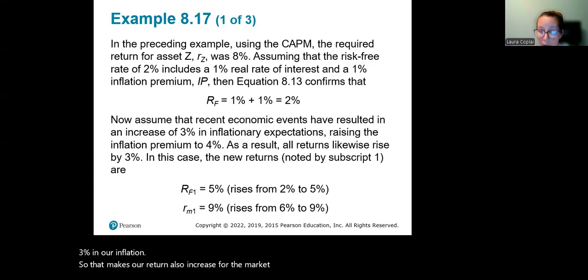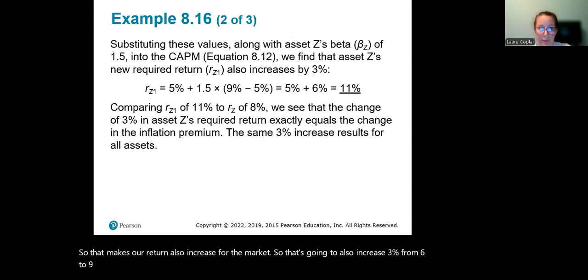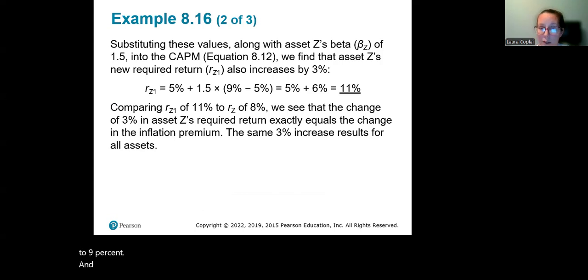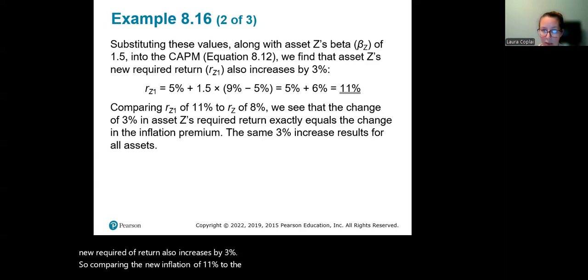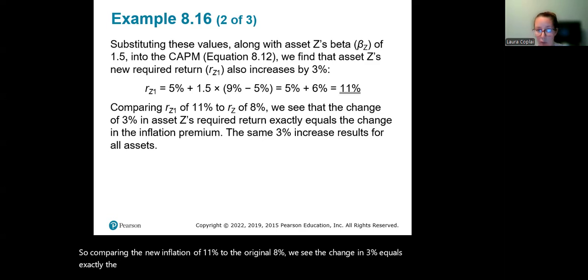So that's going to also increase 3%, from 6 to 9%. And when we substitute those values in using asset Z's beta of 1.5, we find that its new required return also increases by 3%. So comparing the new return of 11% to the original 8%, we see the change of 3% equals exactly the change in the inflation premium.